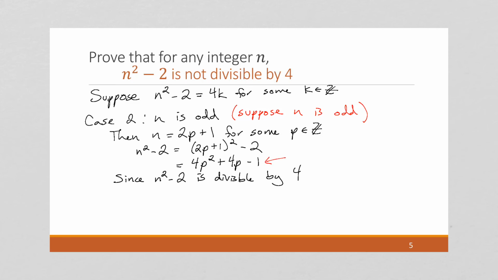So 4p squared plus 4p minus 1 is equal to 4k as well, because that's really what we're saying here, that this n squared minus 2 is divisible by 4. We're saying that it equals 4k, which is indeed what we put up here at the top.